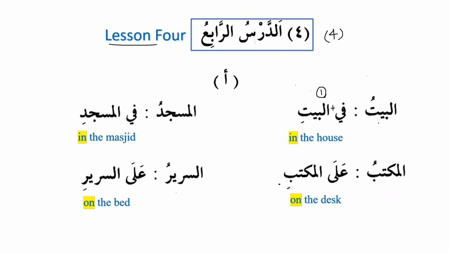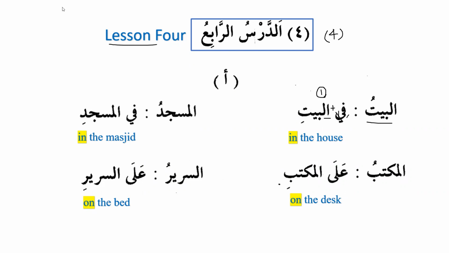So we say al-baytu, that means the house, and when we use fi before that, it becomes fil bayti, in the house. Okay, look at the pronunciation. When you recite it alone, it is fi, but when you connect it with al, then ya is not pronounced. It becomes fil bayti, as you can see over here.